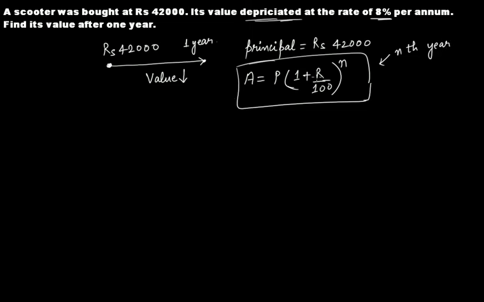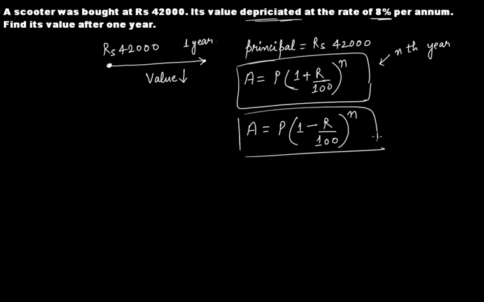Here the rate was increasing earlier, but in this case its value is decreasing. So since the value is decreasing, to find the final amount, A will be equal to P times (1 minus R by 100) raised to the power n. Why? Because here its value is depreciating. So you'll use this formula to find the final value after 1 year.